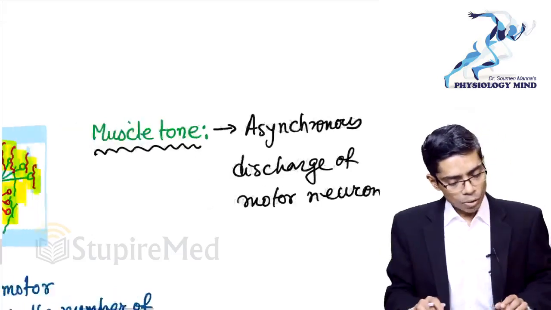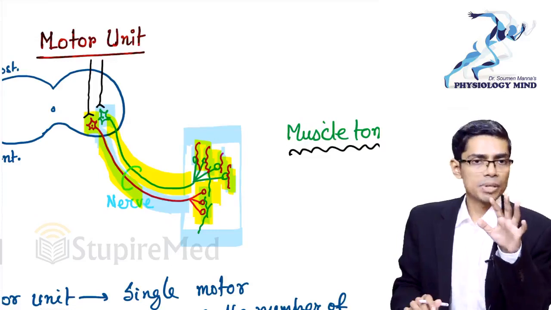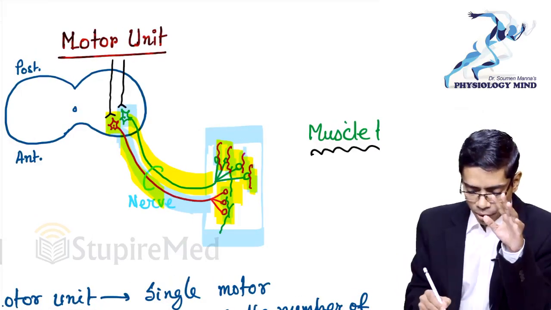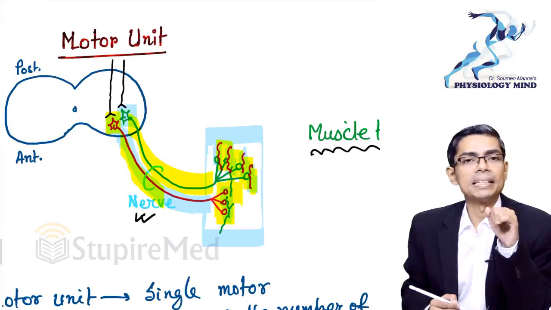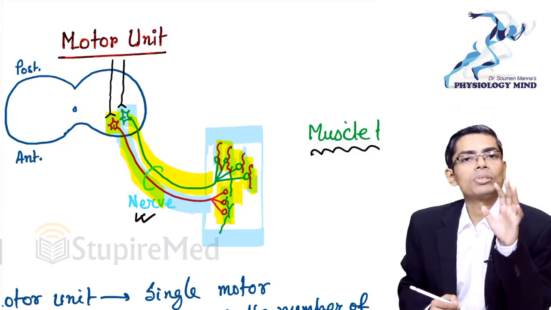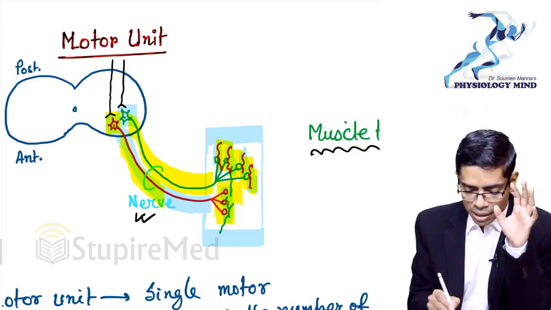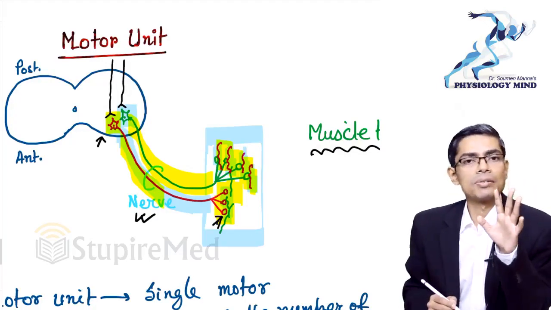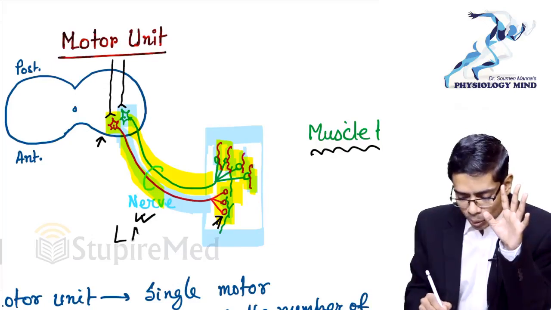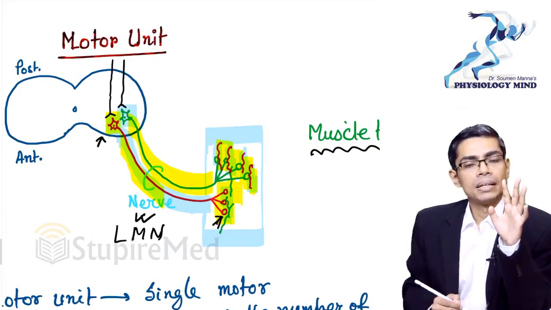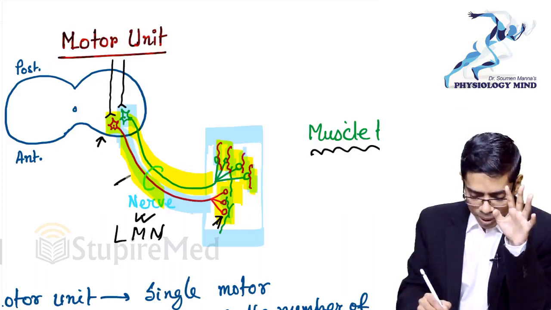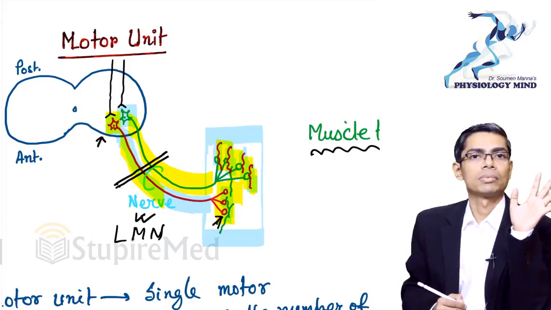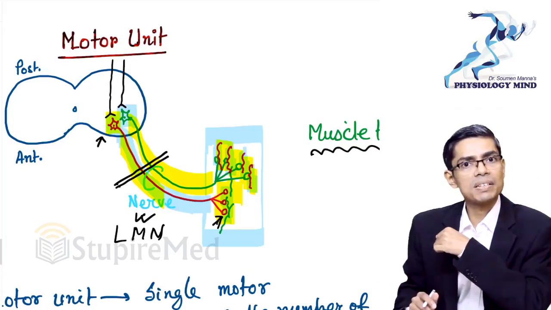Now I will give the concept completely in the central nervous system, but for the time being remember the neuron which I have drawn here is known as the lower motor neuron. Lower motor neuron means from this spinal cord level up to this neuromuscular junction. If there is damage to this lower motor neuron, suppose I have cut this lower motor neuron, what will happen to this partial contracted state?